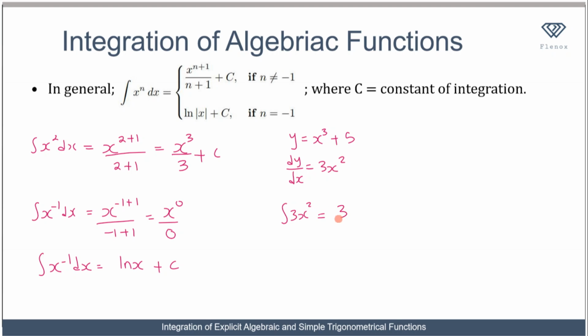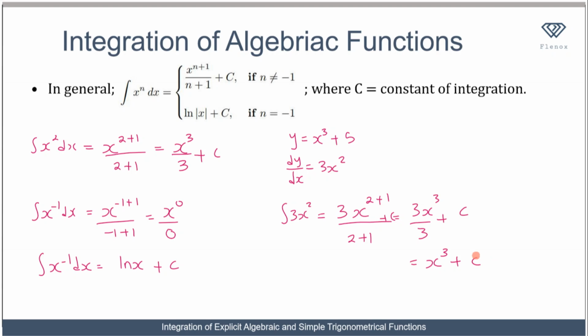So it becomes 3x raised to the power n plus 1, which is 2 plus 1, all over 2 plus 1. And that becomes 3x raised to the power 3 over 3. Then remember you have the constant plus c, which becomes x cubed plus c.